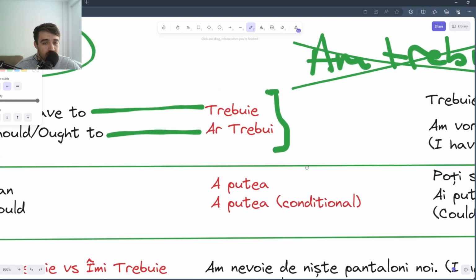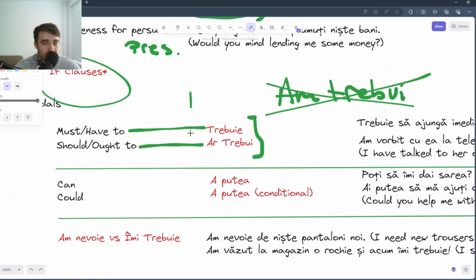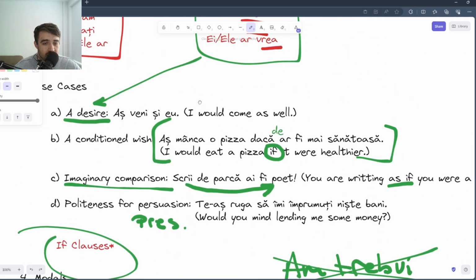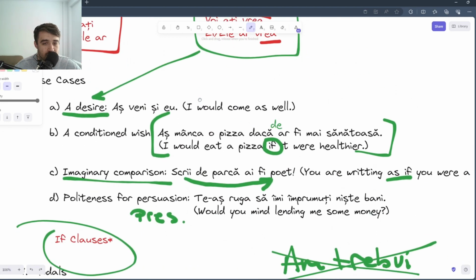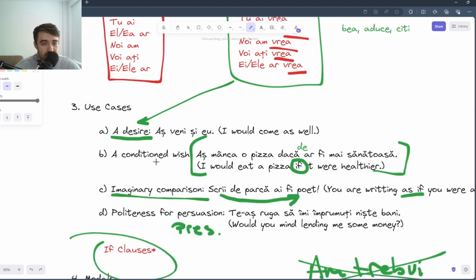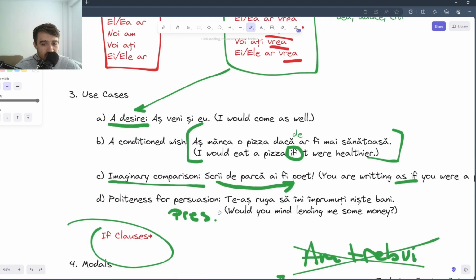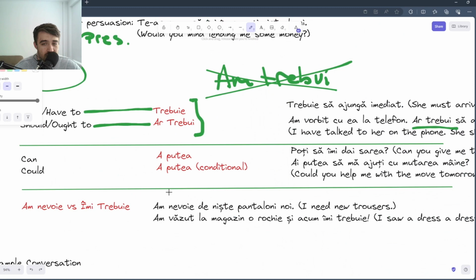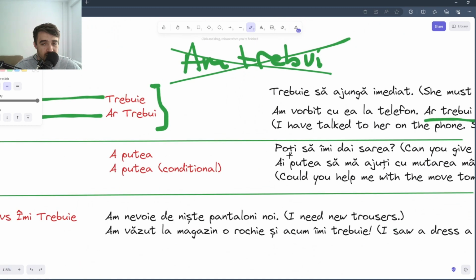It's the same kind of principle that we have discussed already, and we have seen it with the politeness, with the desire. So what you basically say with both of them is that the first one, the one that you use in present, is just a desire, and you're asking someone directly.